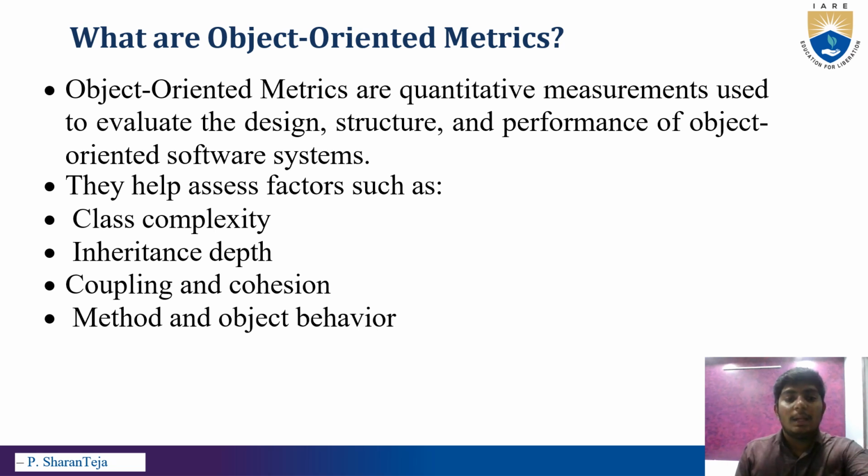For example, a metric can tell us how many classes depend on another, which is coupling. Another can tell us how cohesive a class is, meaning how well its methods are related. Others measure inheritance depth and how many methods a class has. These metrics transform abstract concepts like good design into concrete, measurable properties that can be analyzed, compared, and improved.